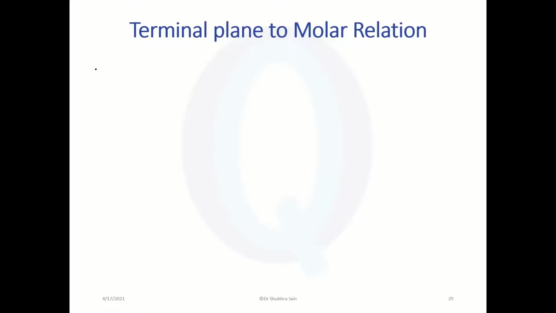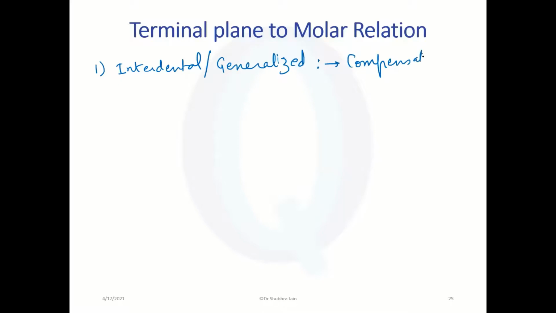One type of spacing is interdental spacing, generalized spacing. How is generalized spacing used? It is used to compensate the incisal liability that we have seen right now.